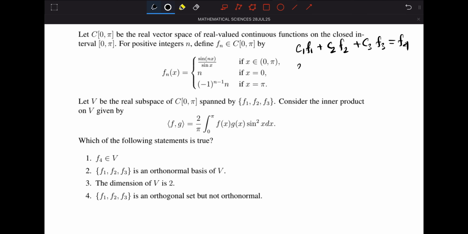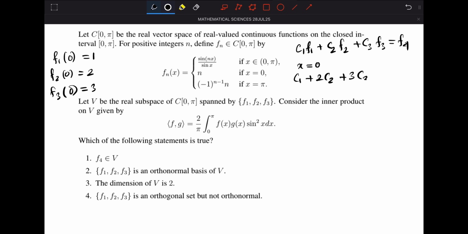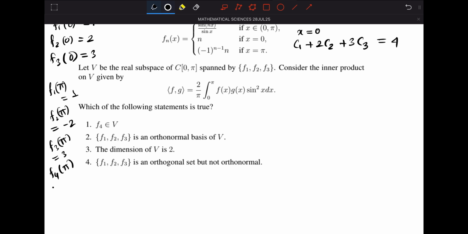So evaluate at x equal to 0 first. f1 of 0 is 1, f2 of 0 is 2, f3 of 0 is 3, and f4 of 0 is 4. So c1 plus 2c2 plus 3c3 equals 4. Then evaluate at pi. f1 of pi is 1, f2 of pi is minus 2, f3 of pi is 3, and f4 of pi is minus 4.